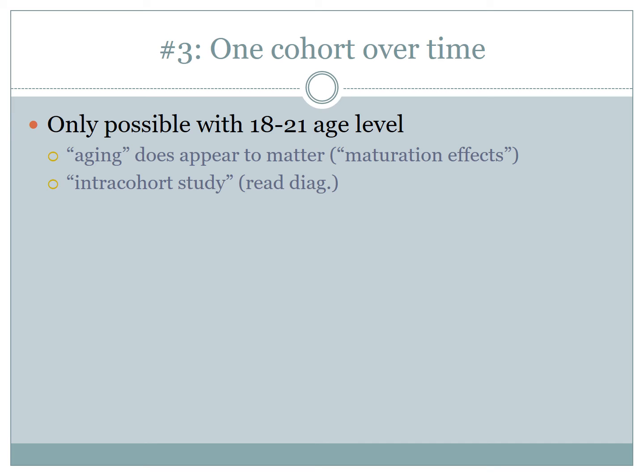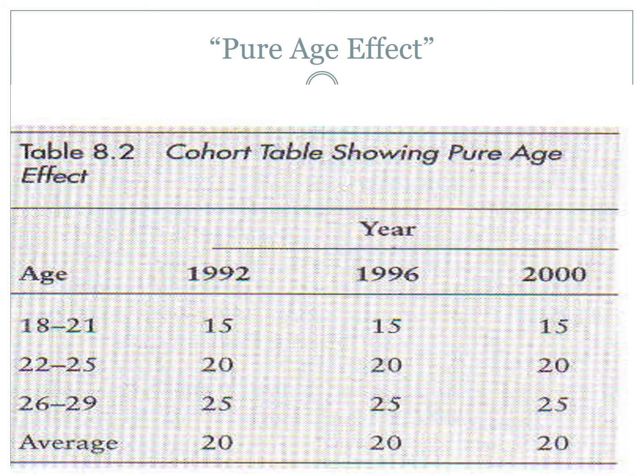Now, when we want to look at one cohort over time, do we want to look at aging, if that matters? And that would also be called maturation effect, as I mentioned.